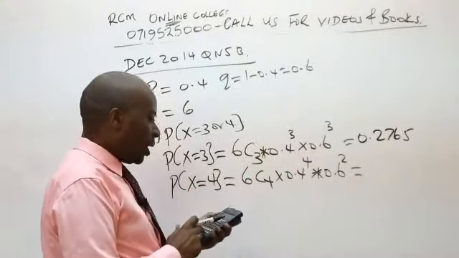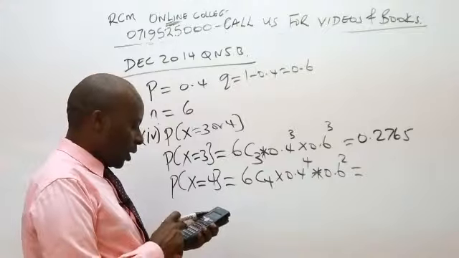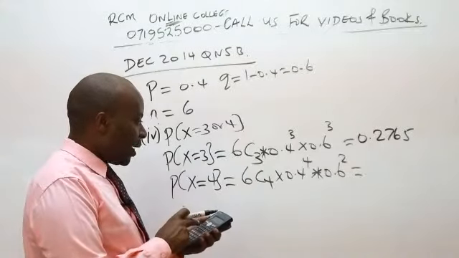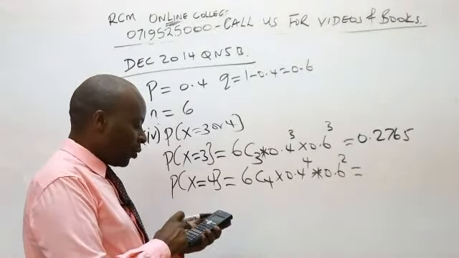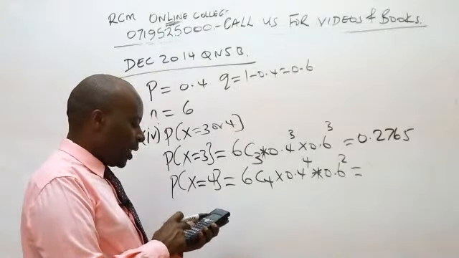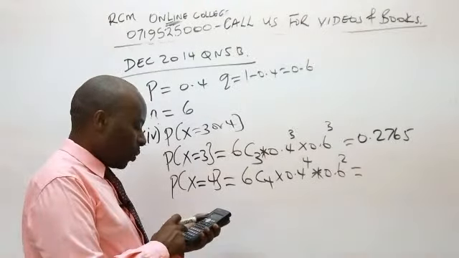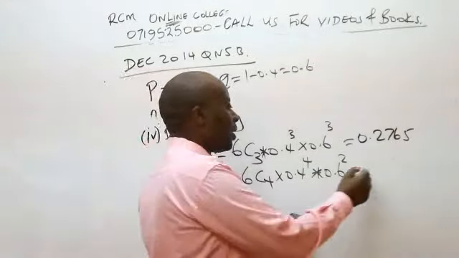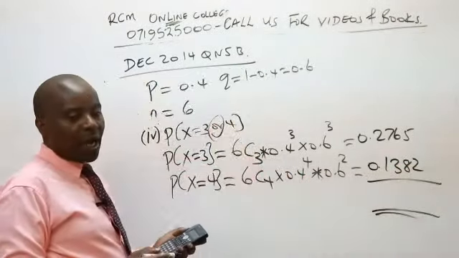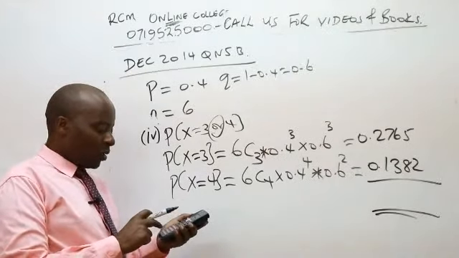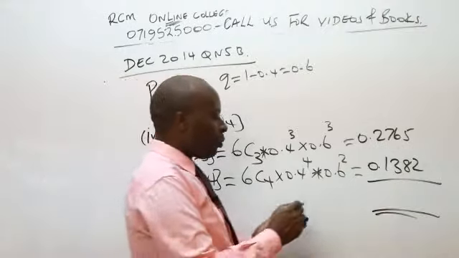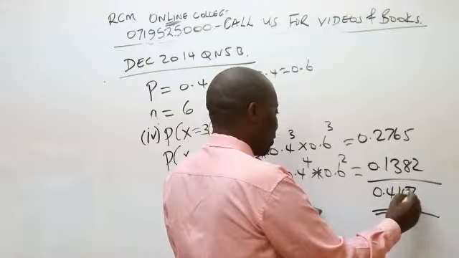And then we have 6 combinations 4 times 0.4 raised to power 4 times 0.6 raised to power 2, which gives me 0.1382. So please add the two because of the word "or". So we have 0.1382 plus 0.2765, which gives me 0.4147.